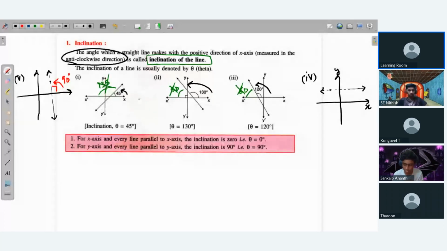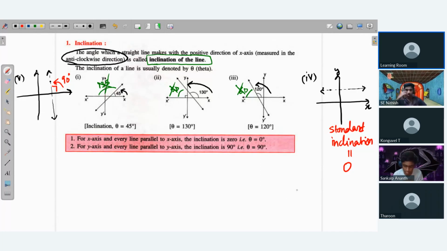The only interesting case is the fourth. When the fourth case happens, it is a standard to say that the inclination is zero. The reason is very simple. The x-axis and that line are parallel lines.